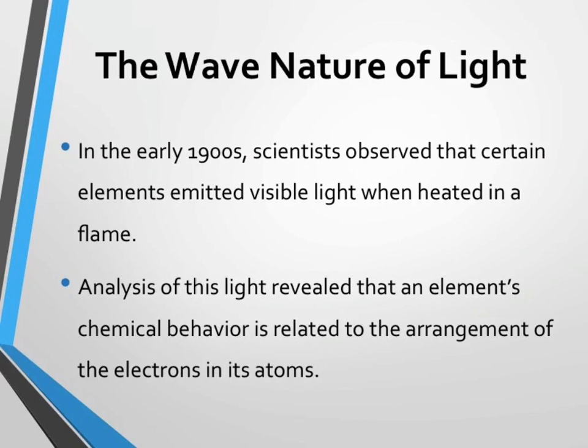So, elements emit light when heated, and it is related to the arrangement of the electrons. Like we saw in the crash course video, by the end of this unit, you're going to be able to tell me the address of all the electrons. But prior to getting there, we're going to talk about wavelength and light, or wavelength and energy and frequency, which you did yesterday.